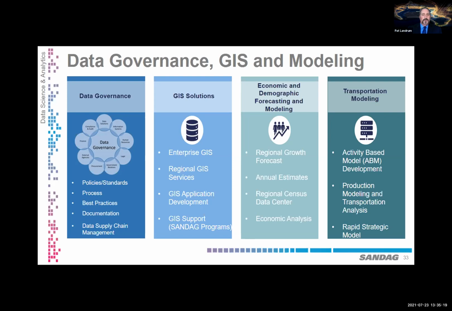Our annual socioeconomic estimates, as well as we serve as the regional census data center. There's an official capacity in coordination with the Census Bureau. And a lot of economic analysis is performed, particularly in support of a lot of RAISE teams initiatives, especially the economic impact studies, as well as benefit cost analysis and economic analysis to support the regional plan or other initiatives, as well as capital improvement projects.